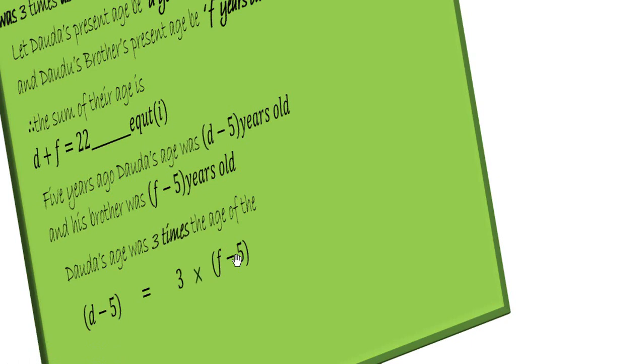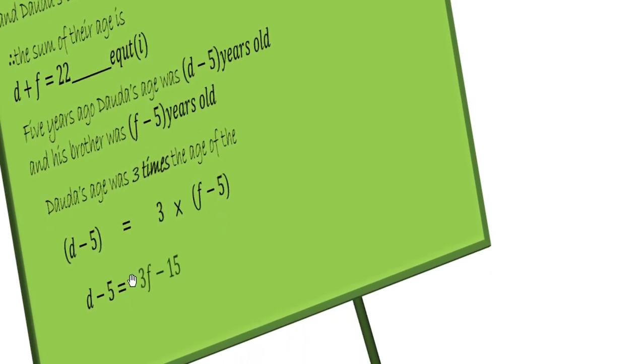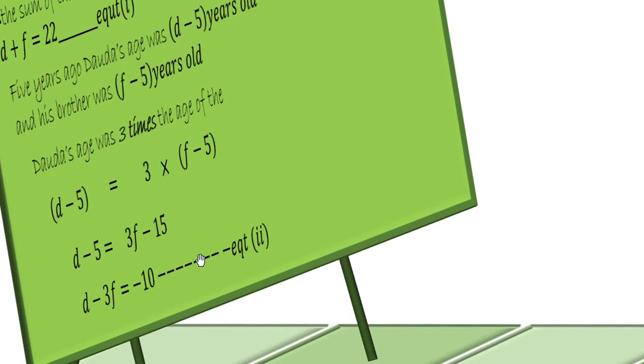So we can move on and say D minus 5 equals 3F minus 15. Let's open this bracket: 3 will multiply F and it will also multiply minus 5, so that's going to be 3F minus 15.